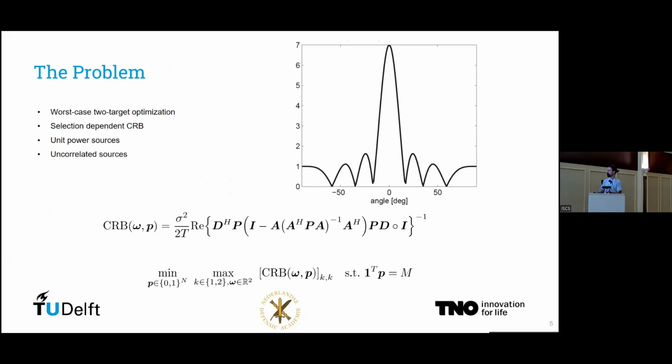I mean, more than 2 targets, because in your case, it's just 2 targets. Yeah, actually, the Cramér-Rao expression here is for an arbitrary number of targets. So yes, you could. It's really only here where we say there's only 2 targets.